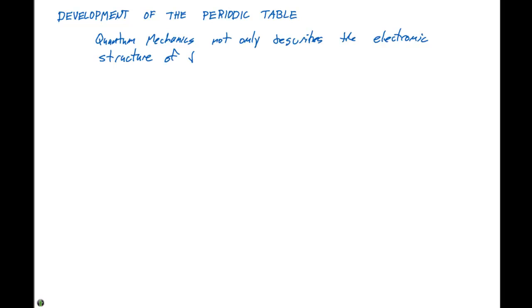So, quantum mechanics not only describes the electronic structure of the atom, it also explains the arrangement of the periodic table.